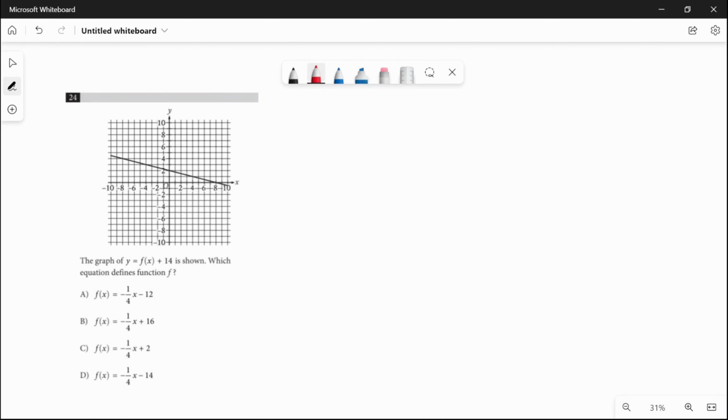And question number 24. The graph of y equal f of x plus 14 is shown. Which equation defines function f? So let's have a look into the graph. You can see that the graph has a y-intercept equal to 2. And this graph is shifted up 14 units.